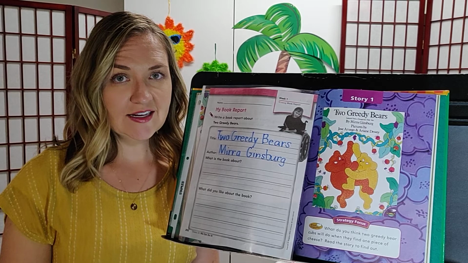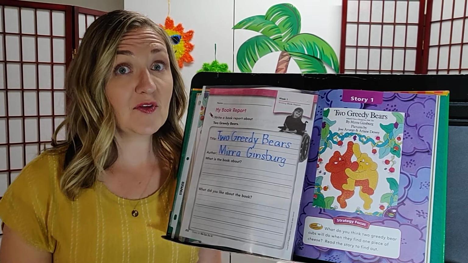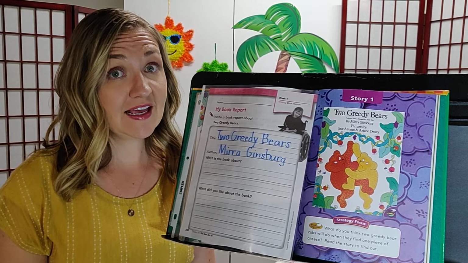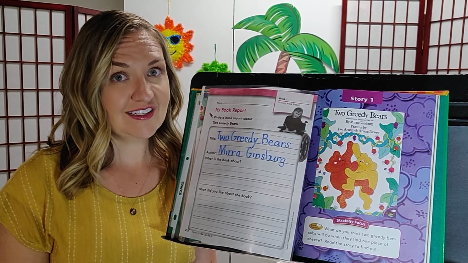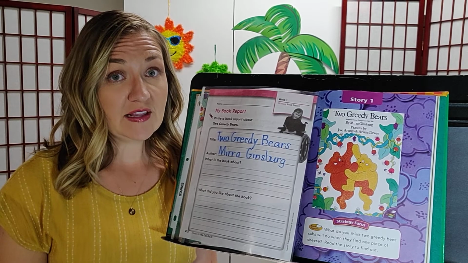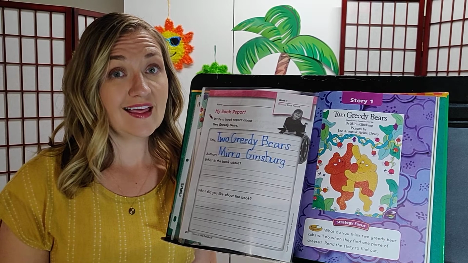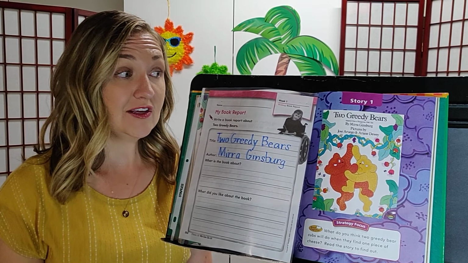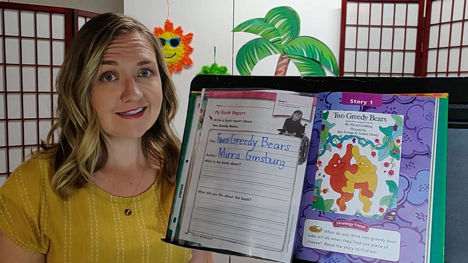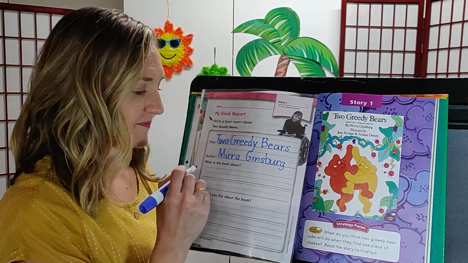Jealousy and greed does not get them the kind of solution they were looking for. Remember, the sly fox ended up eating most of that cheese that they were fighting and arguing about. So I think one really great lesson is that two greedy bears learn that fighting and being greedy is not a great solution for them. Okay, so I'm going to go ahead and write that down on my lines here.